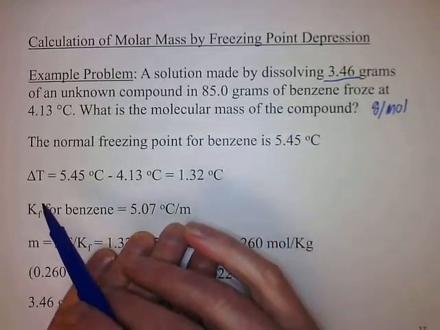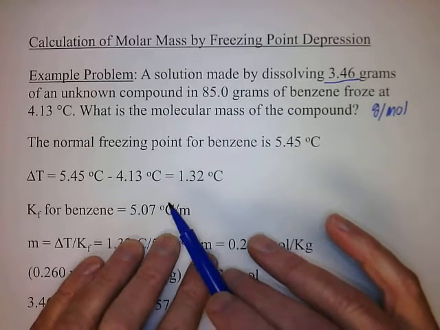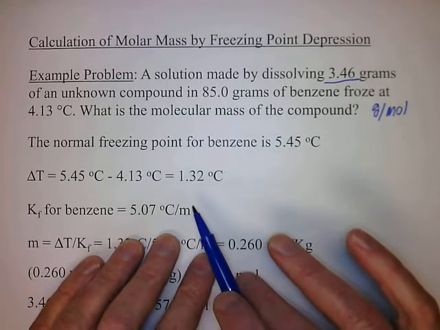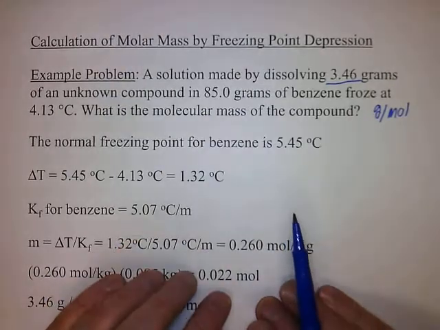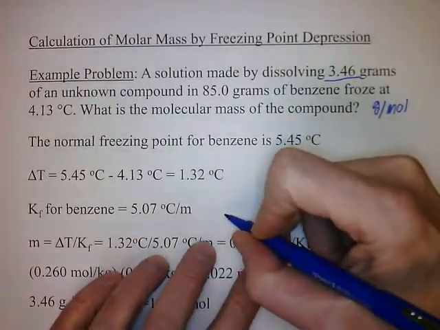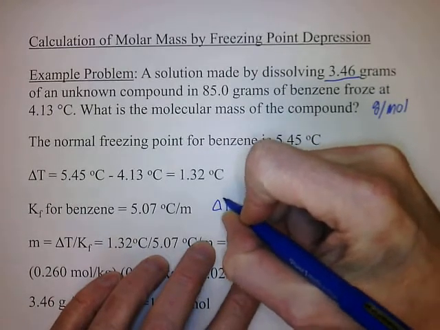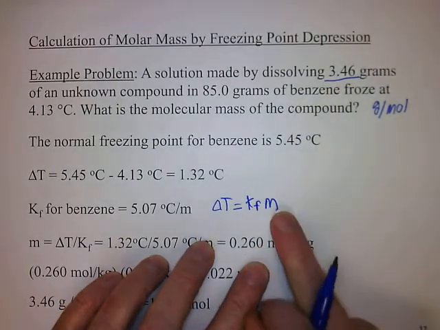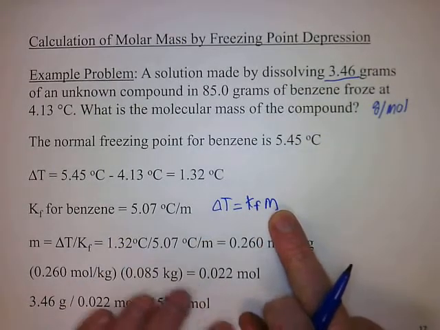Now there's something else that you need to know, and that is the freezing point depression constant for benzene. Okay, and that is 5.07 degrees Celsius per molal. All right, so we're going to take our equation, delta T is equal to Kf times m, and rearrange it to solve for m.